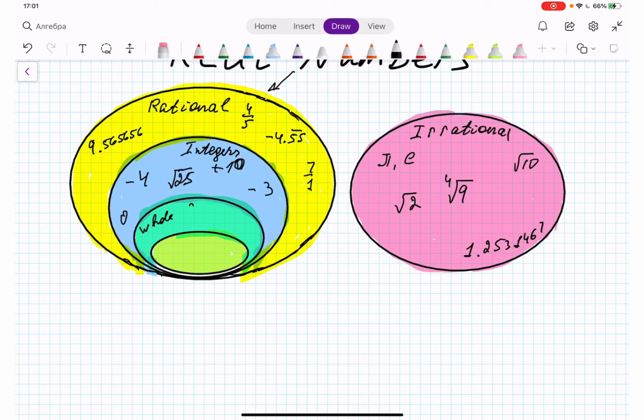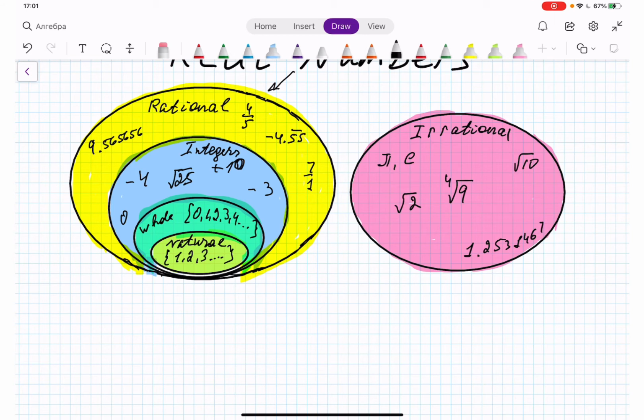And that includes 0, 1, 2, 3, 4, and so on. And part of whole numbers is the natural numbers. Those are the same whole numbers without 0: 1, 2, 3, and continuation.